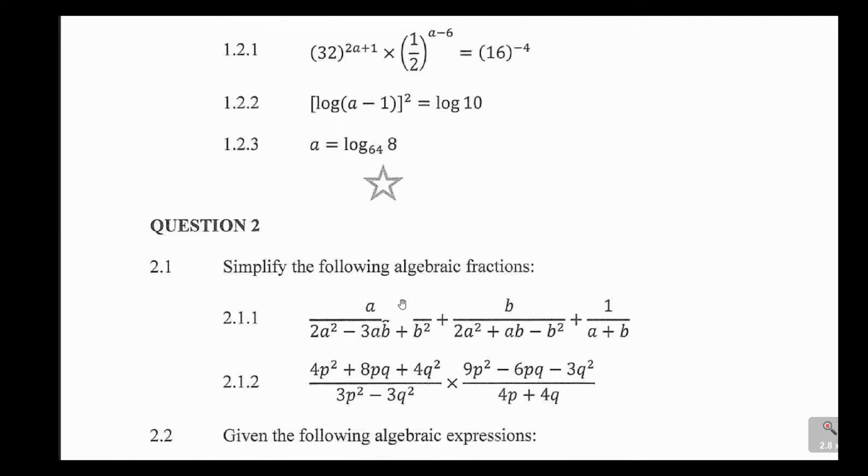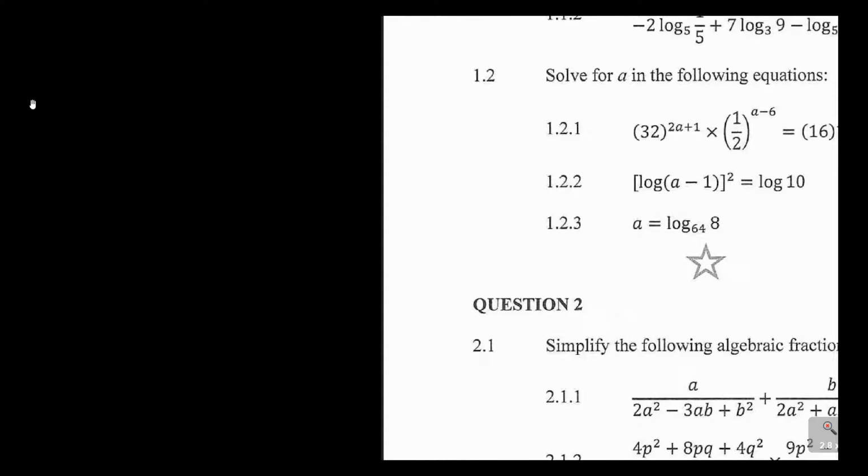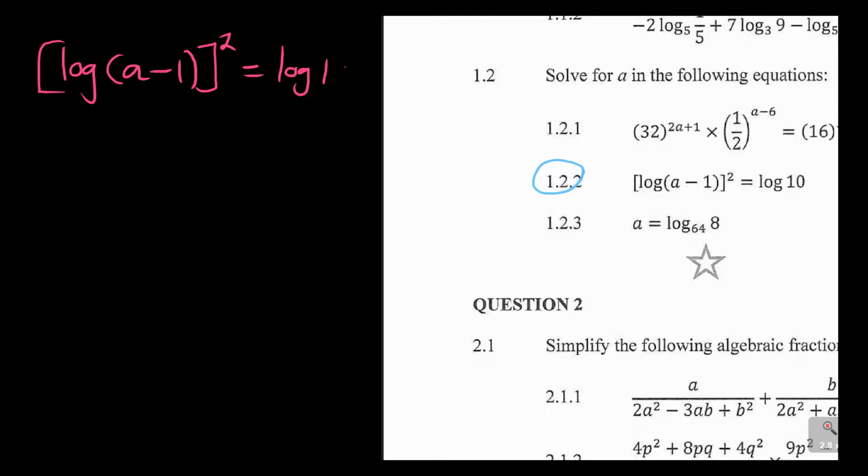Let's move on to question 1.2.2, this part. Now 1.2.2, it says what? I think I also worked this one out. Log base a minus 1. Now look what they did. There is a square on the outside, with the square is equal to log 10.